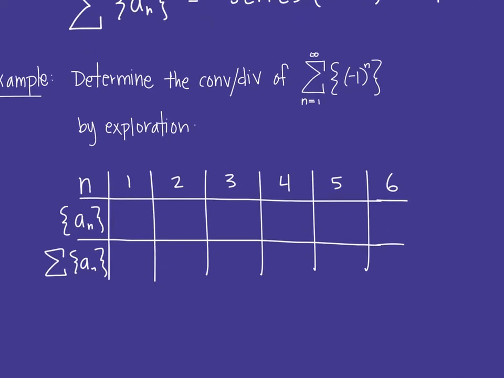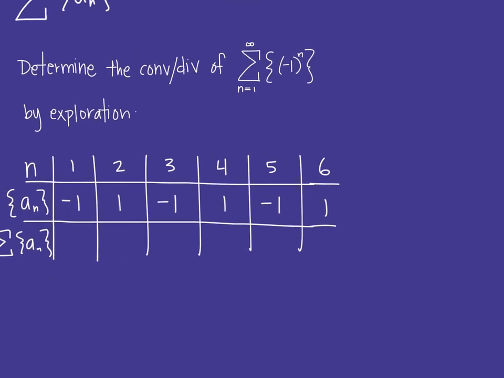What is the value of the sequence for 1, 2, 3, 4, 5, 6? What's the term 1? The term 1 is negative 1. What is the term 2? 1. Then negative 1, 1, negative 1, and 1. So we say the sequence, which is just a list of terms, diverges.